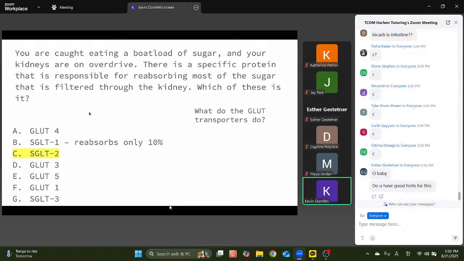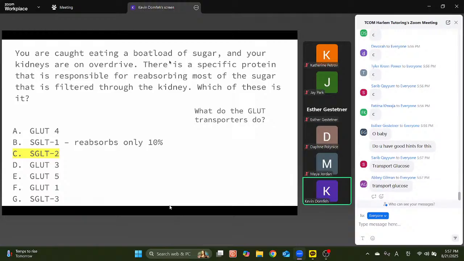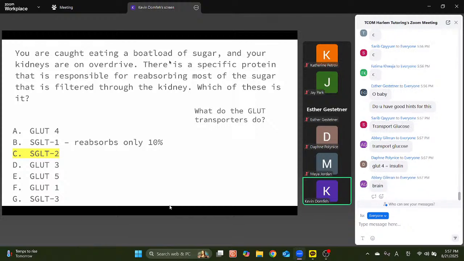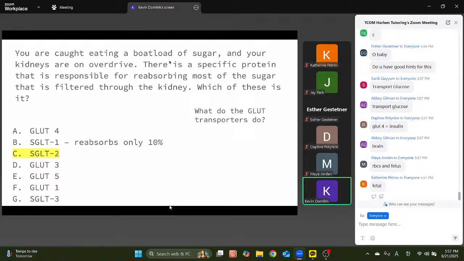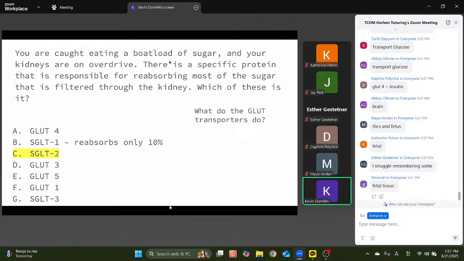What do the other GLUT transporters do? What does GLUT1 do? Okay, GLUT4 for insulin. All right, let's take it one at a time.